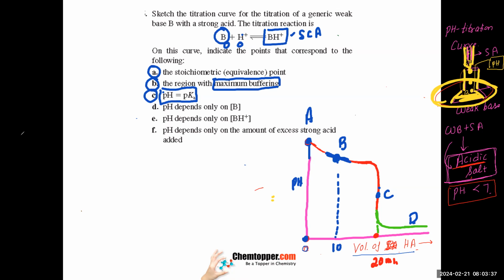Is it clear? Half equivalence point is when the concentration of this BH plus and B are equal. So when you take the log of that, I told you everything in the form of a table, and I was showing you why this half equivalence point has pH equal to pK. We proved it.